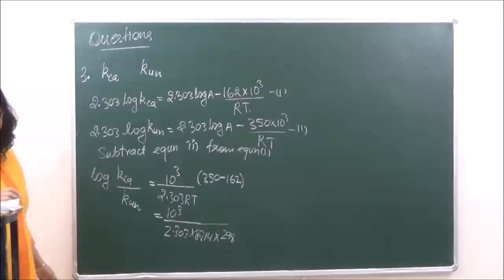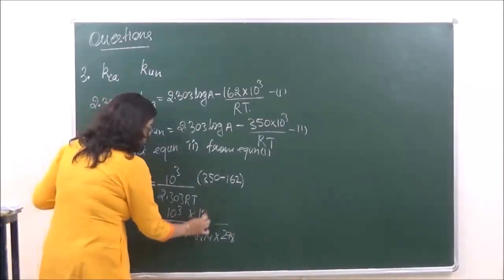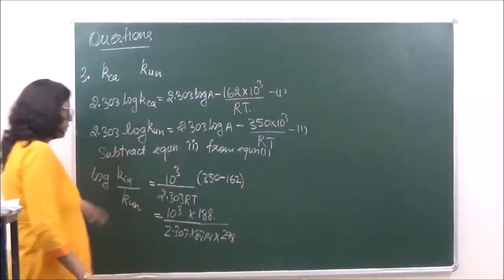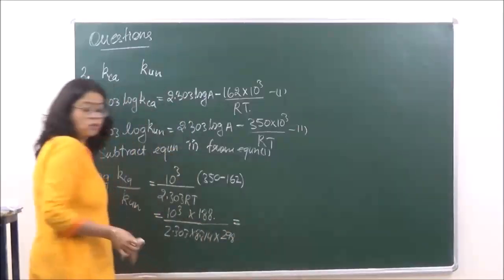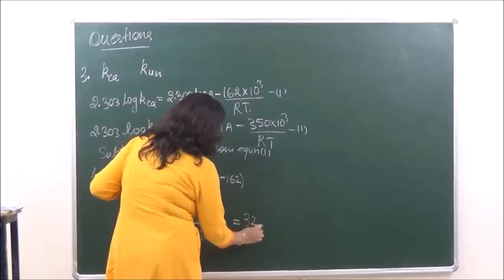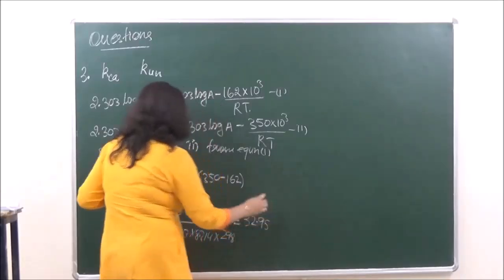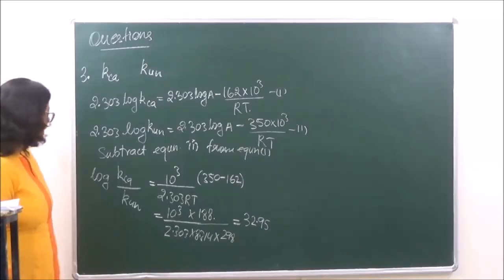Okay, and 350 minus 162, that is 188. Okay, so this when calculated comes to 32.95. It is coming to 32.95, right?